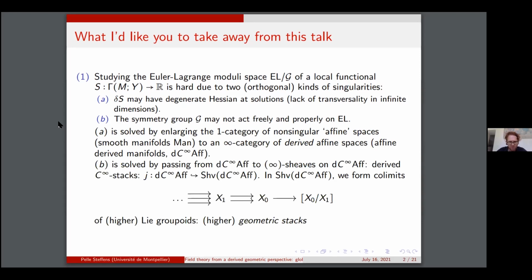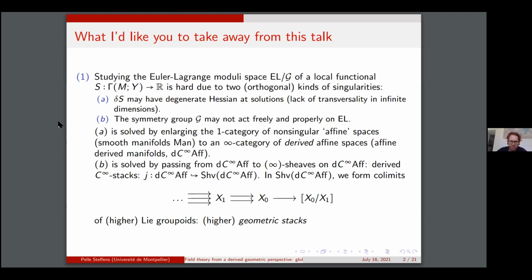And problem B is solved by, as we quickly saw in Alban's talk last time, taking infinity sheaves on this new notion of affines, which gives a higher topos, and that is a good place to study objects whose points have internal symmetries. And so what we do is form Lie groupoid objects.